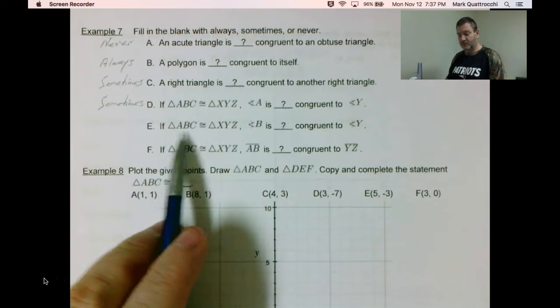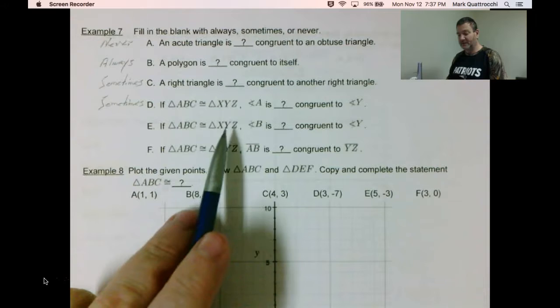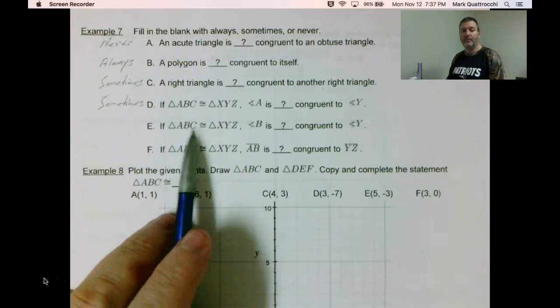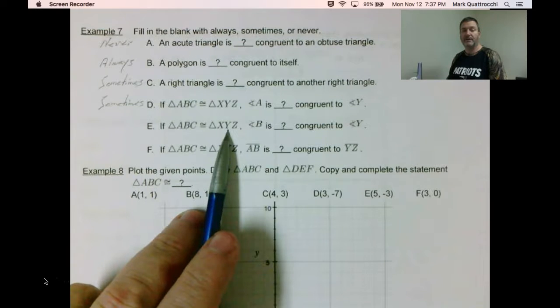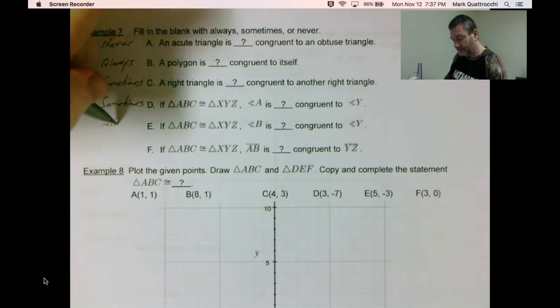If triangle ABC is congruent to triangle XYZ, angle B is always, sometimes, or never congruent to angle Y. Angle B and angle Y correspond to each other. They must be congruent to each other. This is always.